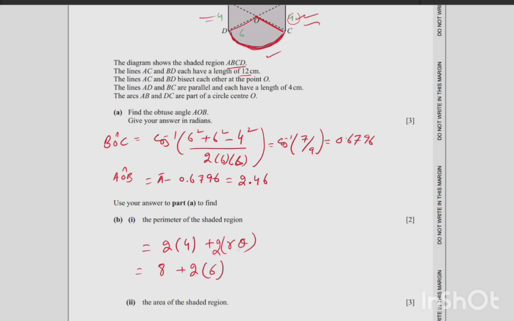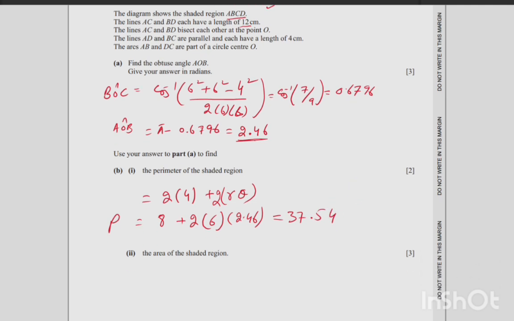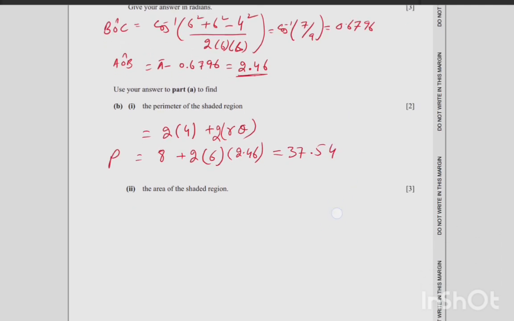And what is theta? Very simple, theta is 2.46. This is the perimeter. If we calculate all these things using the calculator, because this is paper 2 and calculators are allowed, we get 37.54.